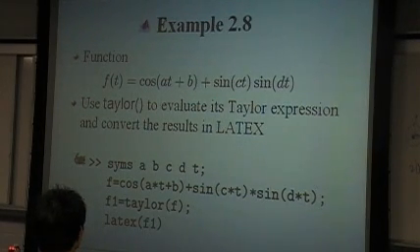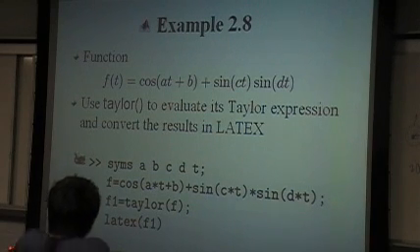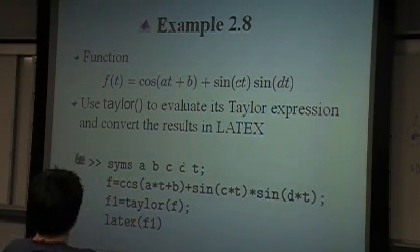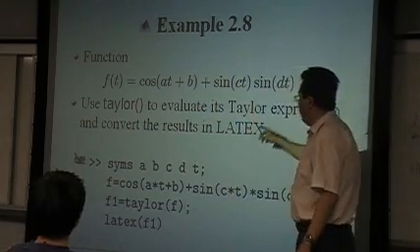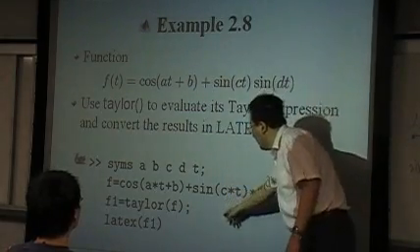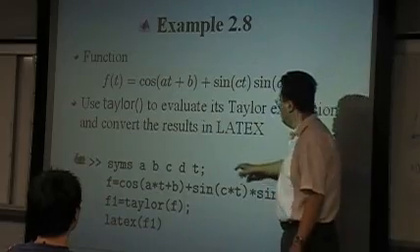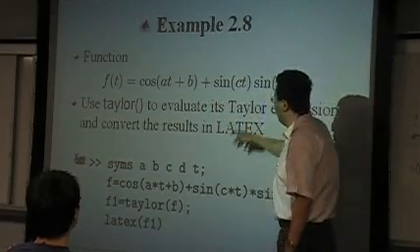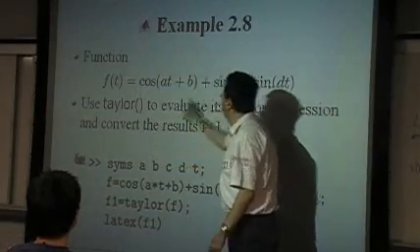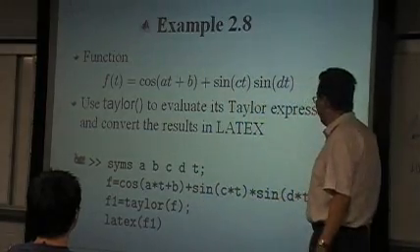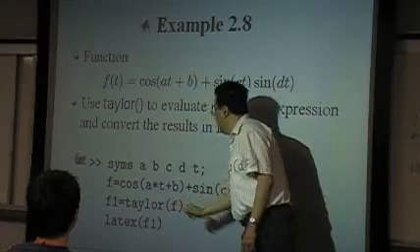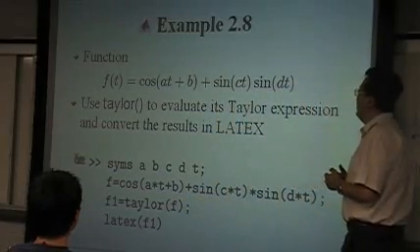I will explain Taylor series expression later on. If we want to find the Taylor series expression, then we can use a command like this. First, declare the symbolic variables needed, A, B, C, D, and E. And then define the original function, then call the Taylor function to find the Taylor series expression.